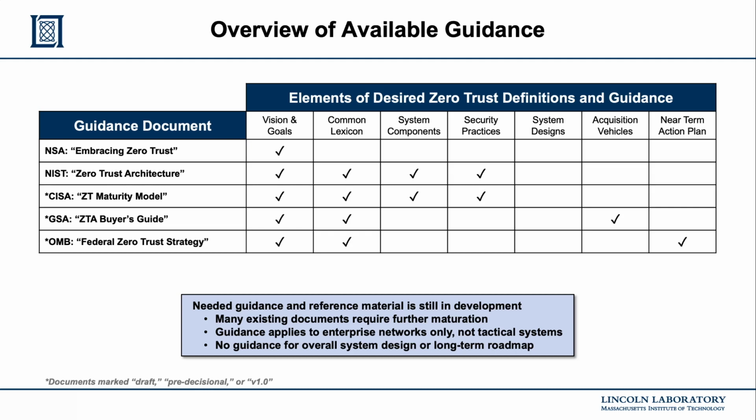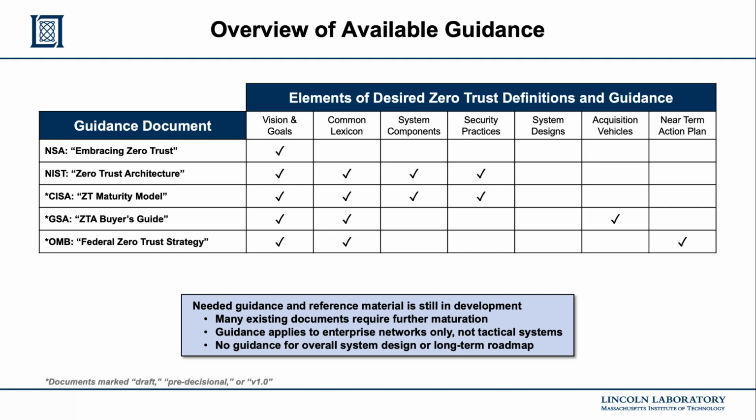So all of these documents do a fine job of laying out the visions and goals behind developing Zero Trust architectures. They establish a common lexicon, and they're able to enumerate the various system components. What they don't do as well is provide canonical system designs. So for a program manager or an implementer who would be asked to develop a system, they don't really have a reference architecture to look to as a starting point.